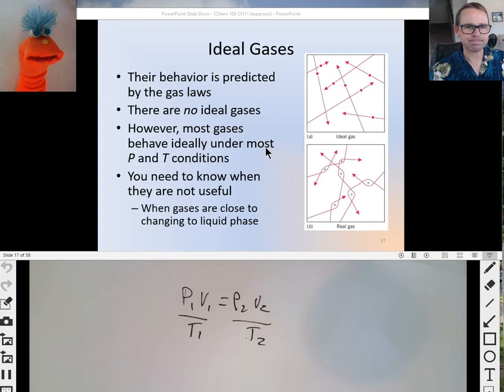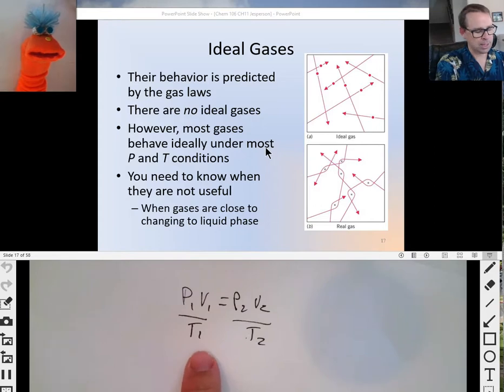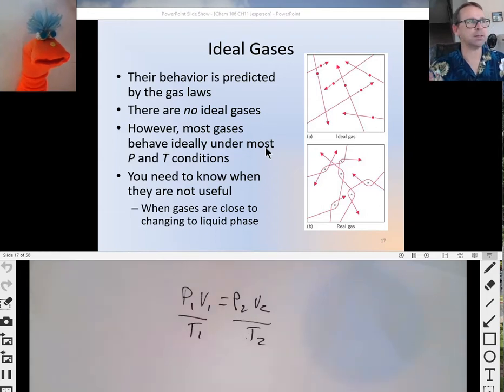Real gases, when they come close and collide, there's actually always a little bit of stickiness or a little bit of influence that they have on each other, not just a complete elastic collision. And there are corrections for that, and we won't go into them, but they are around. We'll show them to you briefly at the end. But we want to recognize that there is a difference between ideal and real gases.